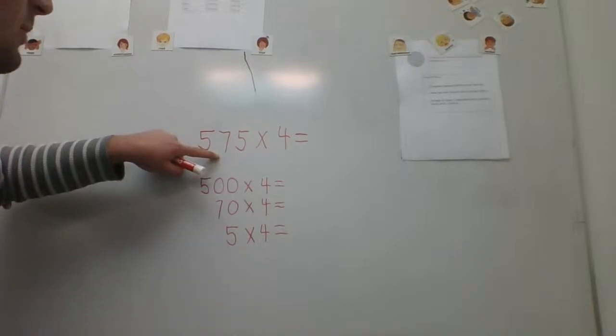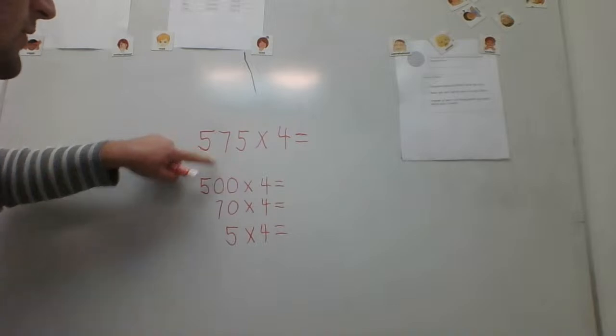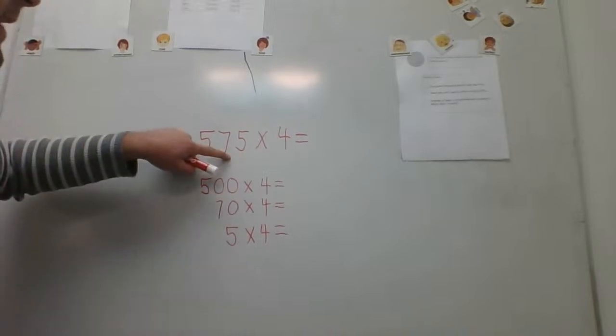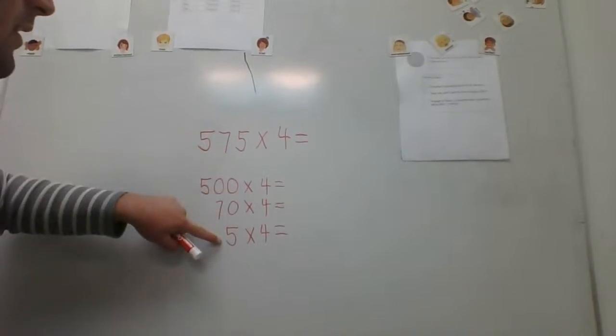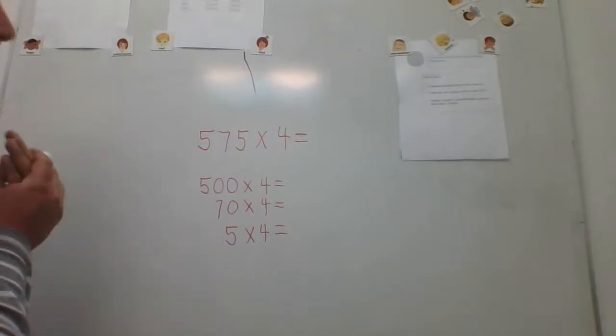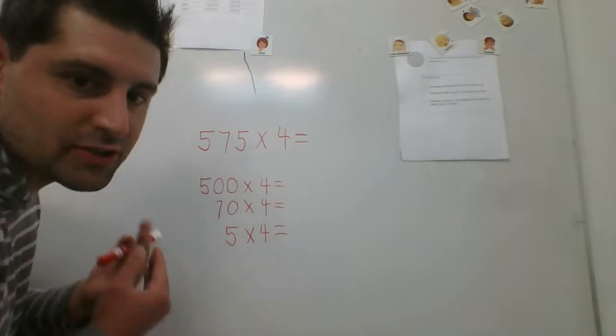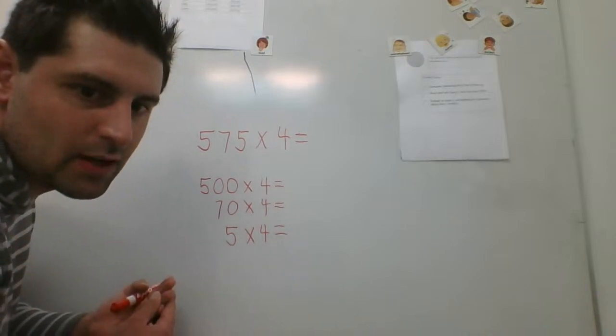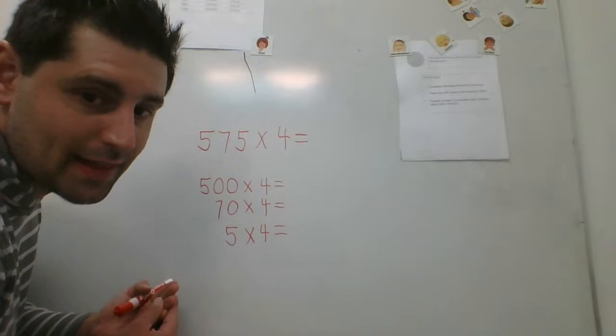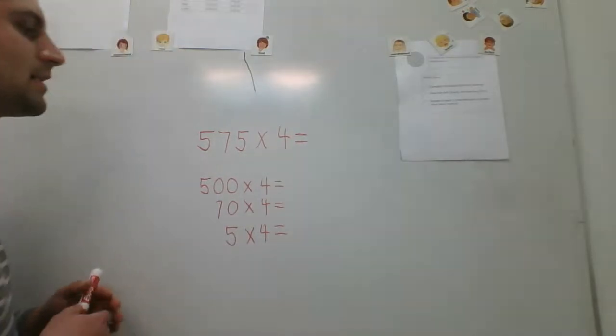The digit in the tens place is a 7. 7 tens has a value of 70. And 5 ones has a value of 5. So basically, we're solving 3 separate, much simpler multiplication problems, and then we are adding our 3 answers together. That is the partial product method.